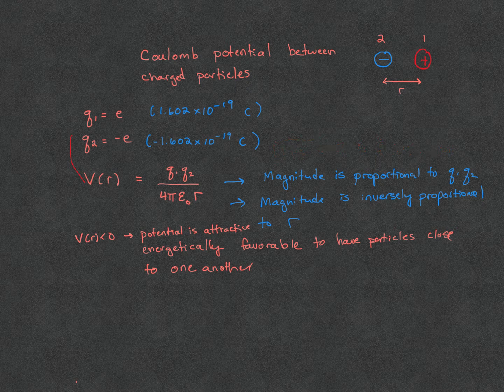Okay. Let's take a peek at what this potential looks like. I'm going to draw a picture of it. Let me make a little bit of space. By the way, let me reverse this statement too. So let's change things. V of R is greater than 0. Then what do we have? Potential is repulsive.